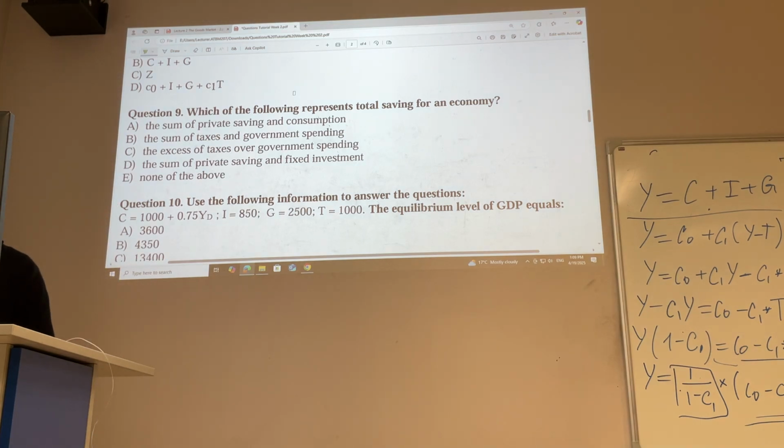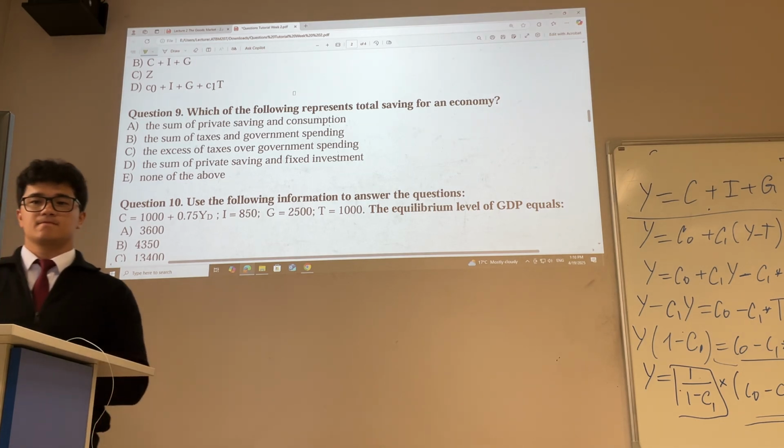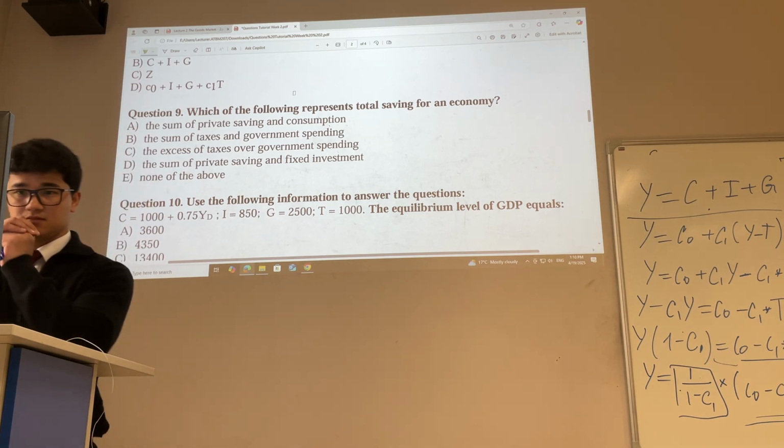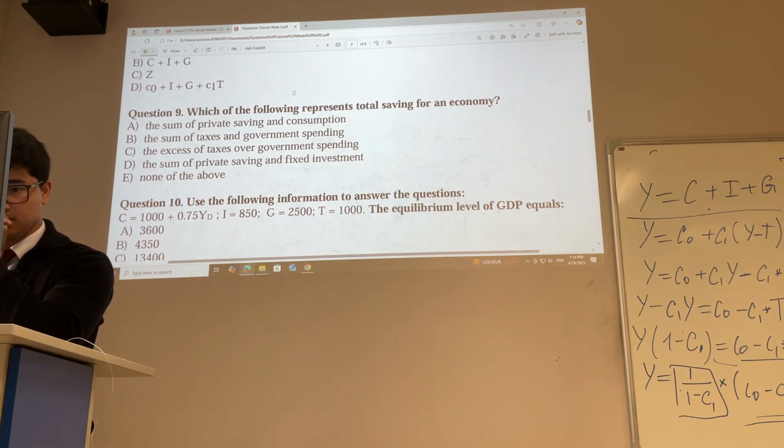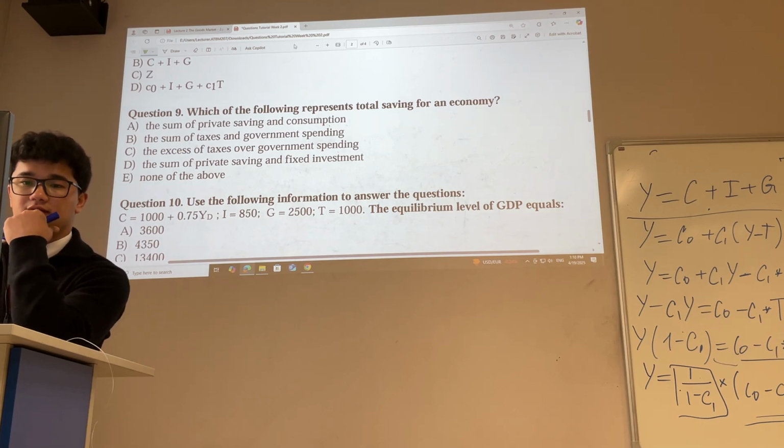Which of the following represents total savings for an economy? Yes, none of the above.